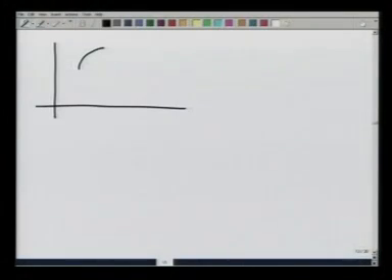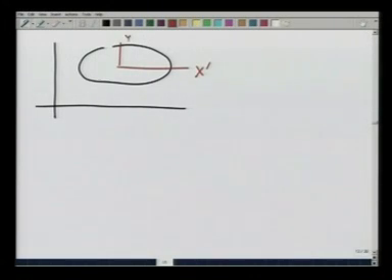Next, let us calculate the product of area, again making these axes x' y', x y, o, and I take an area here.